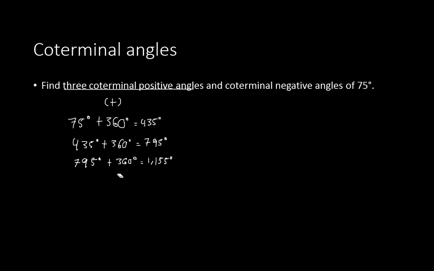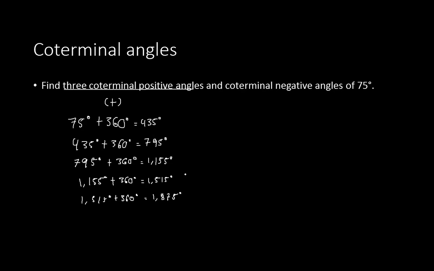Let's get two more positive coterminal angles. 1,155 degrees plus 360 degrees, you will have 1,515 degrees, and adding 360 degrees again, you will have 1,875 degrees.